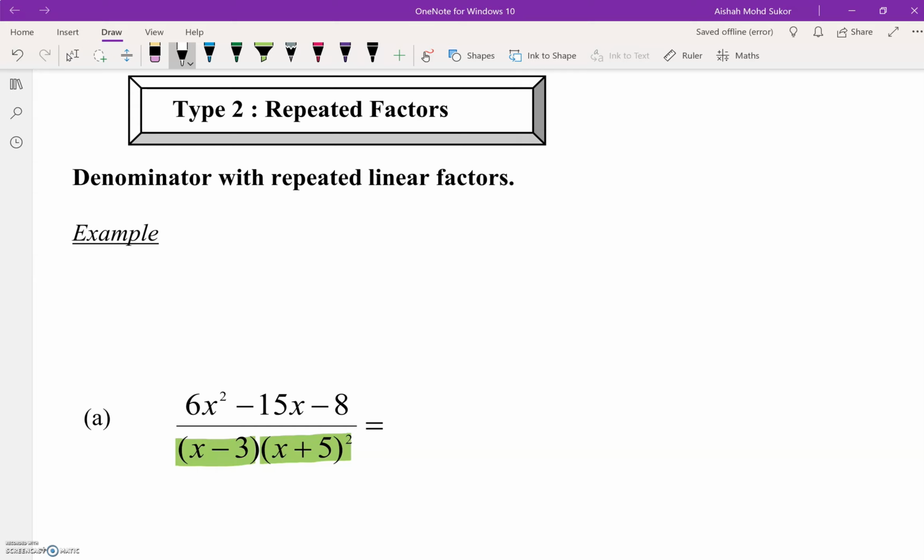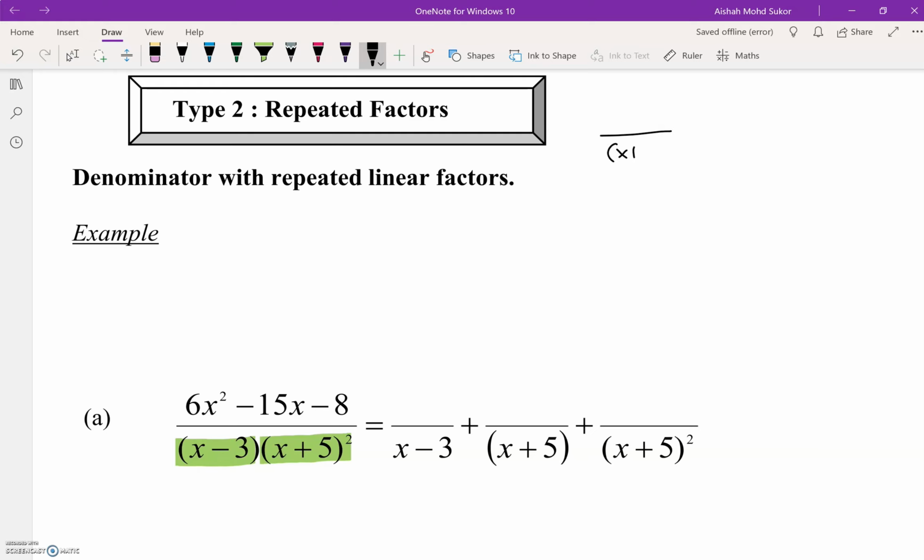So, for the partial fractions, we can write x minus 3, plus x plus 5, and x plus 5, the whole thing squared. For example, say that we have a denominator with x plus 1 to the power 3.